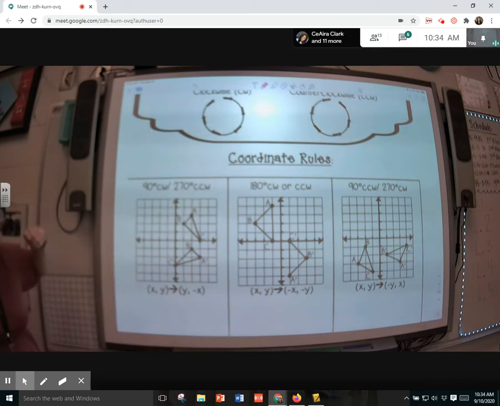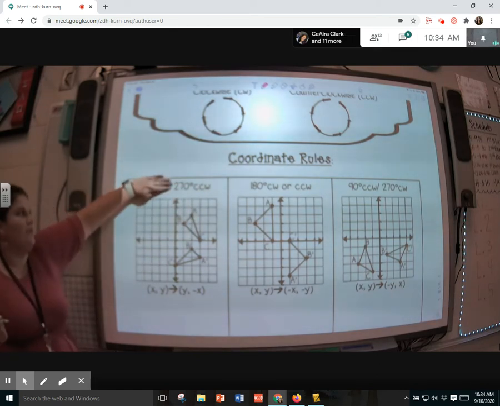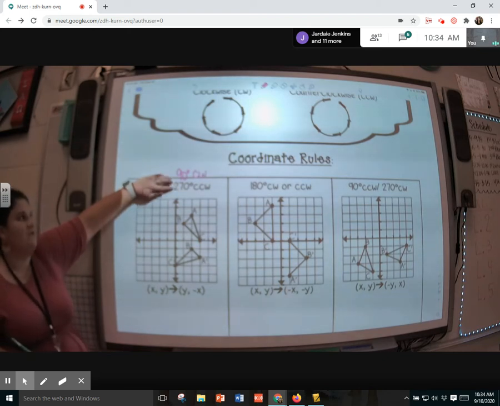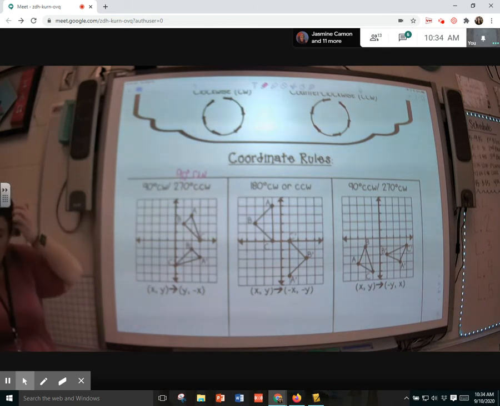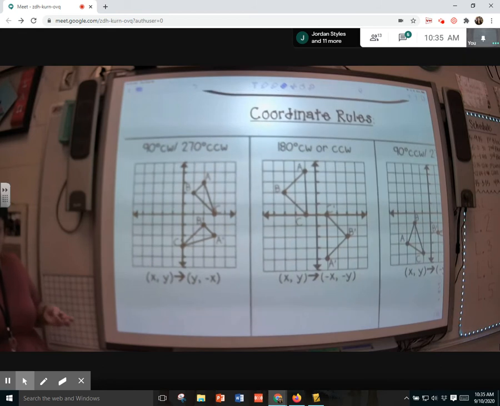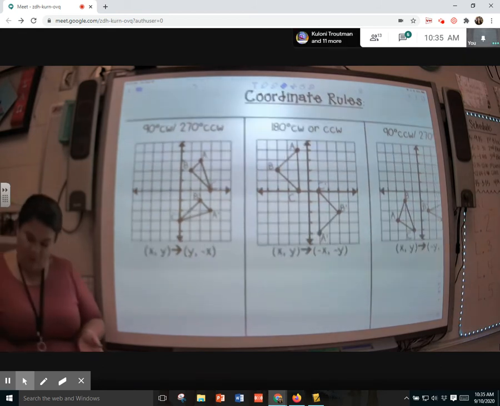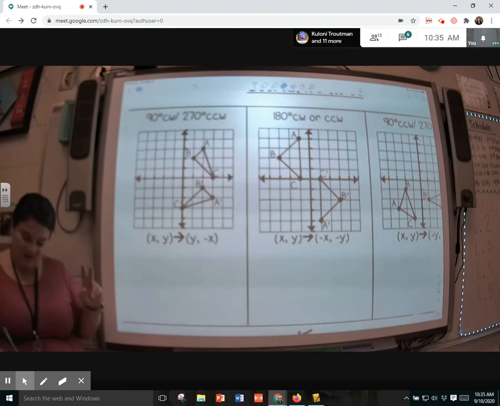So if I'm given a question where I want to rotate 270 counterclockwise, I'm going to look at 90 degrees clockwise. I'd change it from 270 counter to 90 clockwise. The trick that I use for that is with these coordinate rules: with any of the 90s, the X and Y are going to switch position.